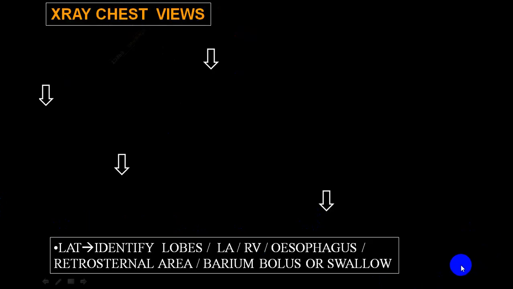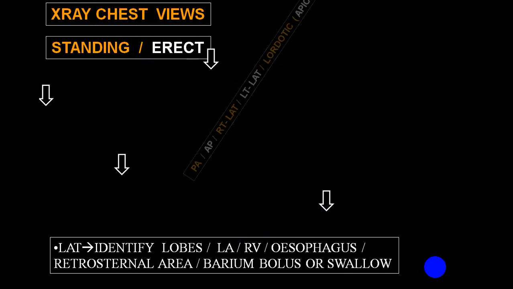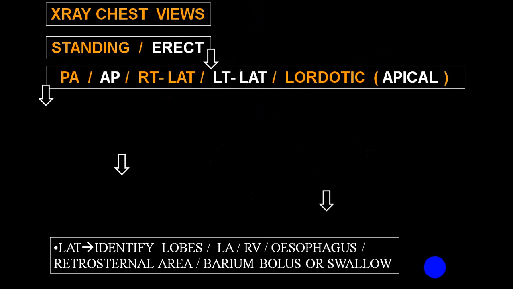Now, what are the different views? One, in a standing posture, or what we call erect or upright posture. By and large, almost all X-rays are asked in a standing posture. And what are the different views you ask in an upright posture? PA view, AP view, lateral views, lordotic views.